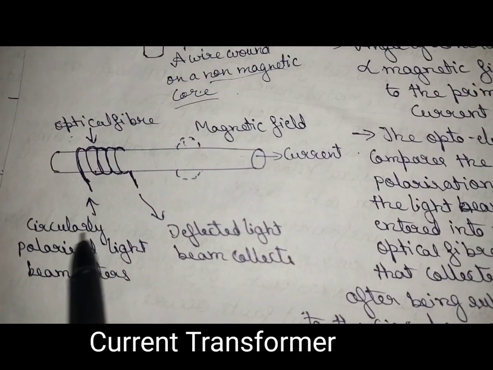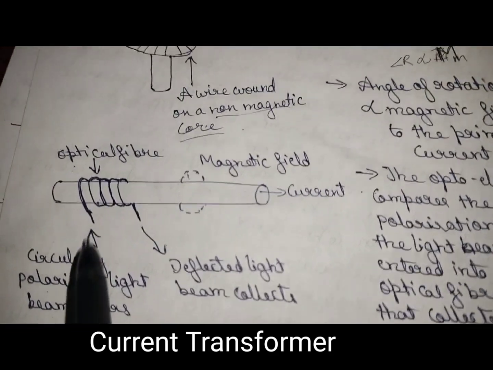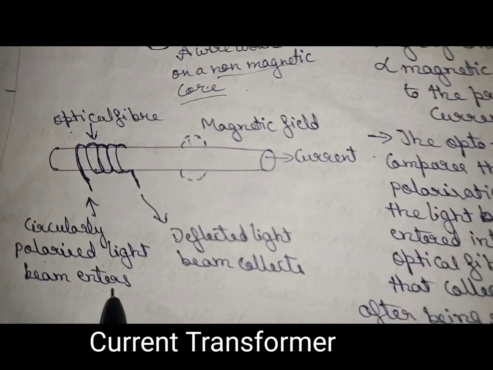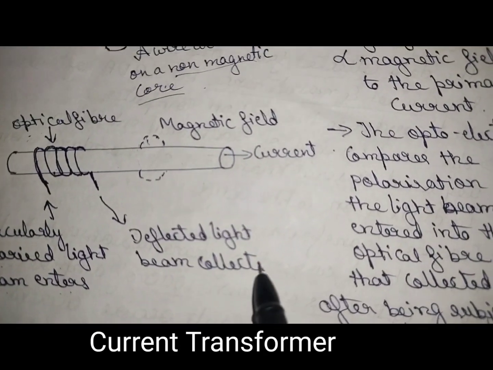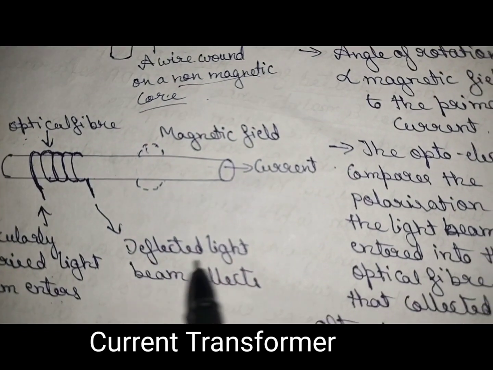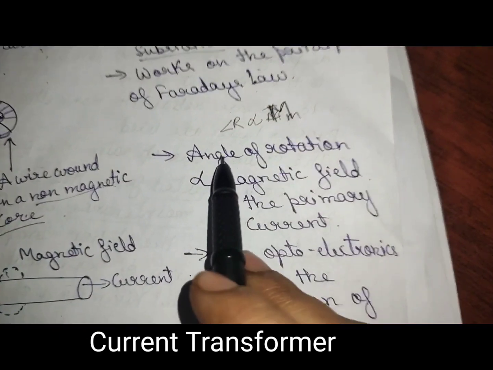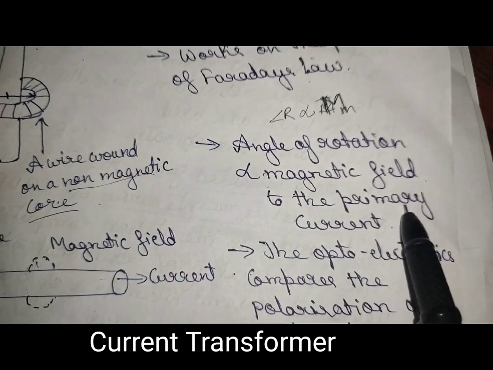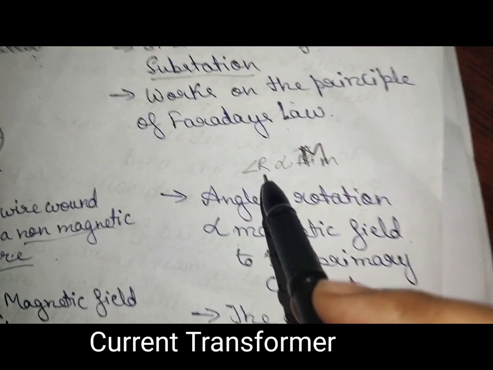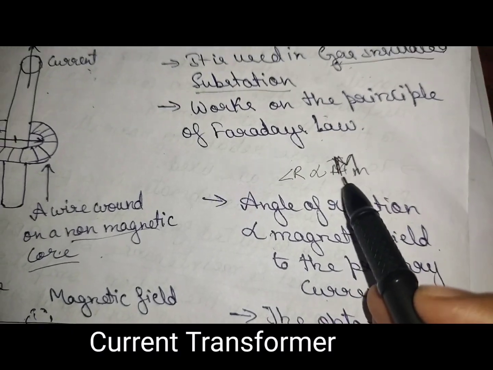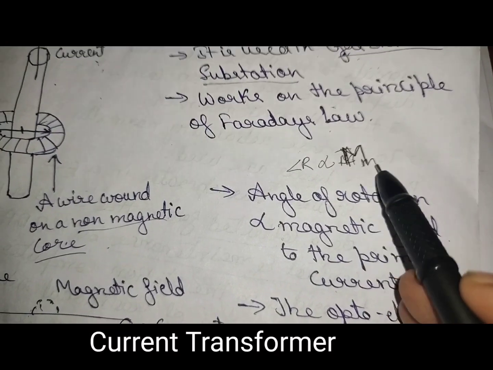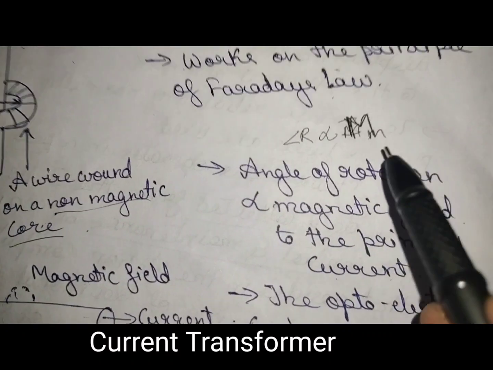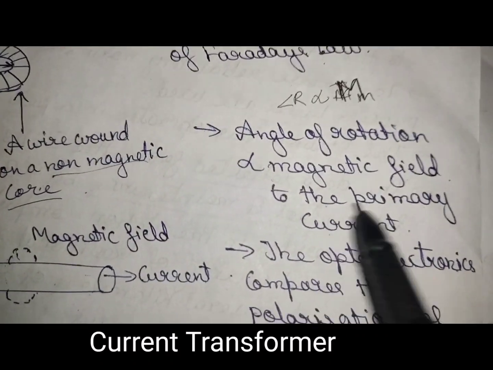A circularly polarized light beam enters, and the deflected light beam is collected. The angle of rotation is proportional to the magnetic field, that is, to the primary current.